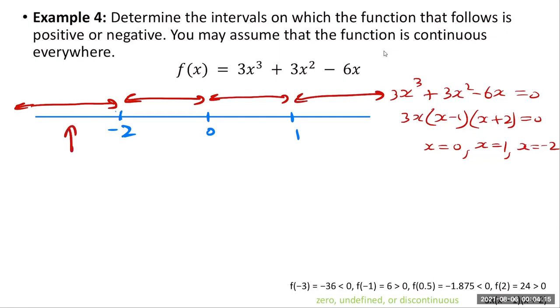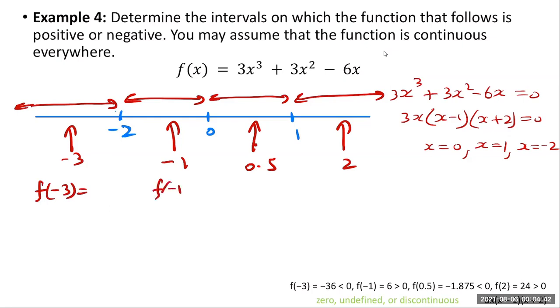Let's pick a point in -infinity to -2. I'll choose -3. Then in the next interval, I'll choose -1, and a point from this interval, I'll choose 0.5, and a point from this interval, I'll choose 2. Then I compute the corresponding function value.